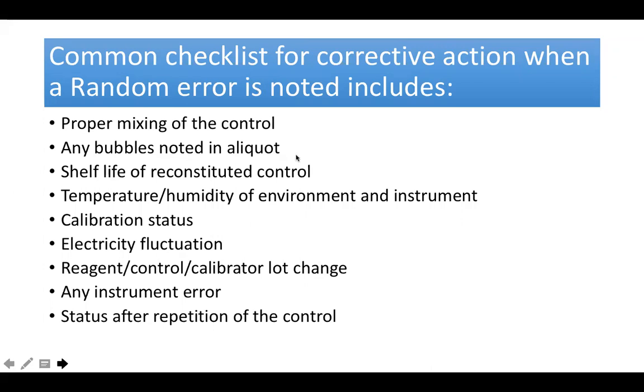Shelf life of reconstituted control, electronic fluctuation, or some instrumental error, or some pipetting error. There is some small clot which has affected one result, and then after this test, a reagent washing, etc., so that the clot goes away and there is some problem. So that way, you have to see what the possibilities are.